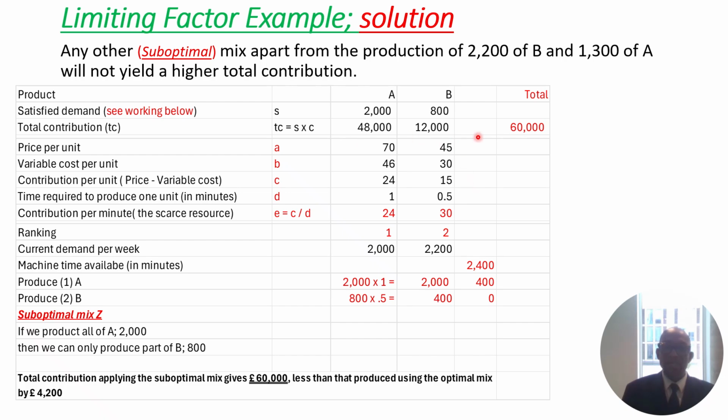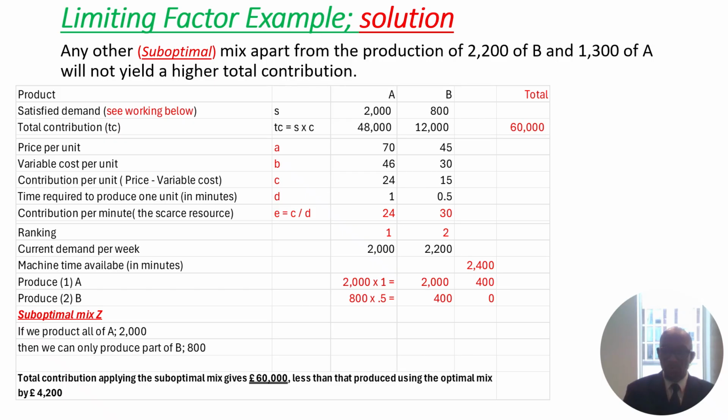Adding the two together, we arrive at 60,000. This is clearly below the contribution from the optimum mix of 64,200. So there's a shortfall of 4,200 if we follow this mix. All right, this is how to carry out a limiting factor computation.